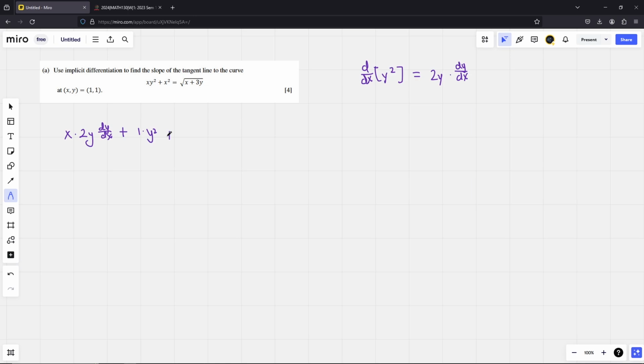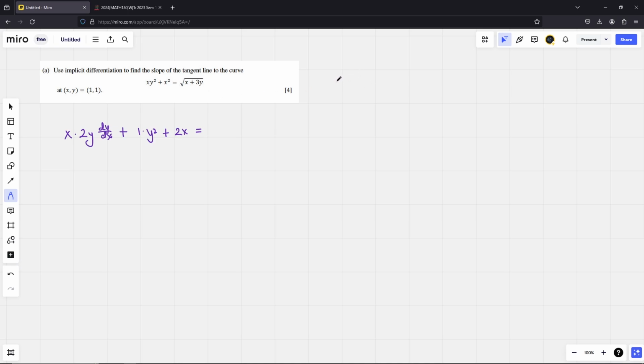So next term is x squared, and the derivative of x squared with respect to x is just 2x. Let me just erase this part. Okay, and that's going to be equal to the square root of x plus 3y.